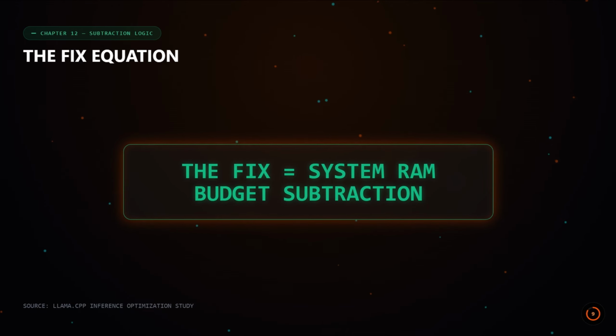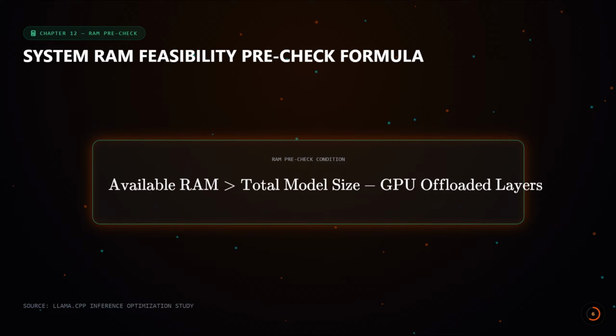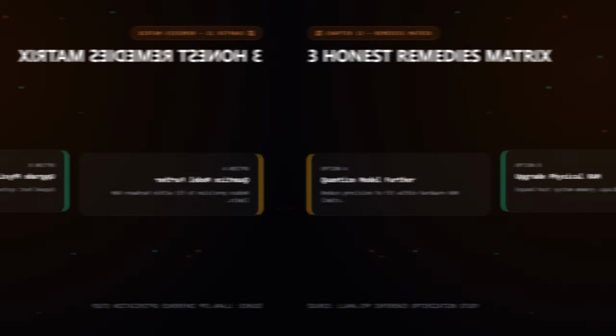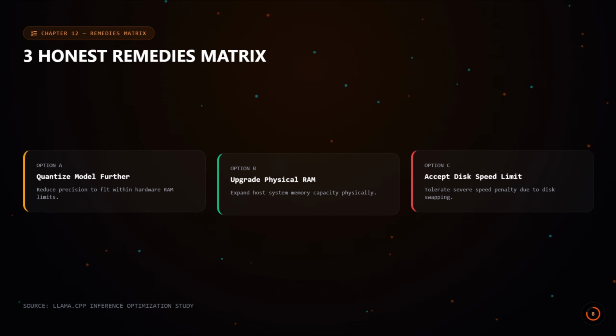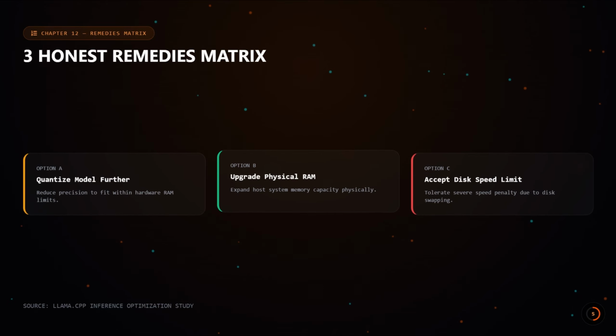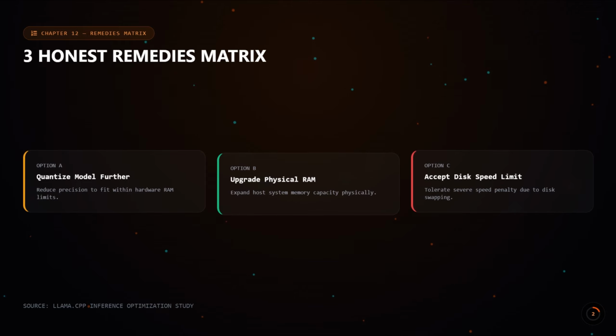The fix is not a new flag, it is a subtraction. Before you calculate your GPU layer count, calculate whether your remaining CPU side layers actually fit in system RAM once you account for everything else running on the machine. If they do not, the honest options are quantize the model further despite the earlier warning, buy more RAM, or accept that this particular model on this particular machine is going to run at disk speed no matter what you do to the GPU side of the equation.